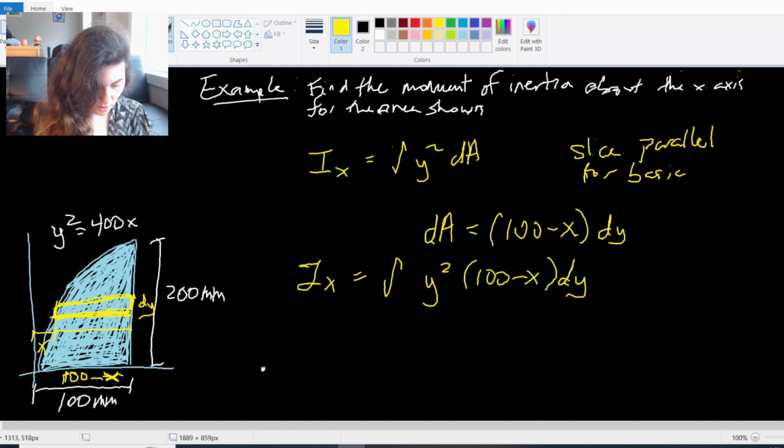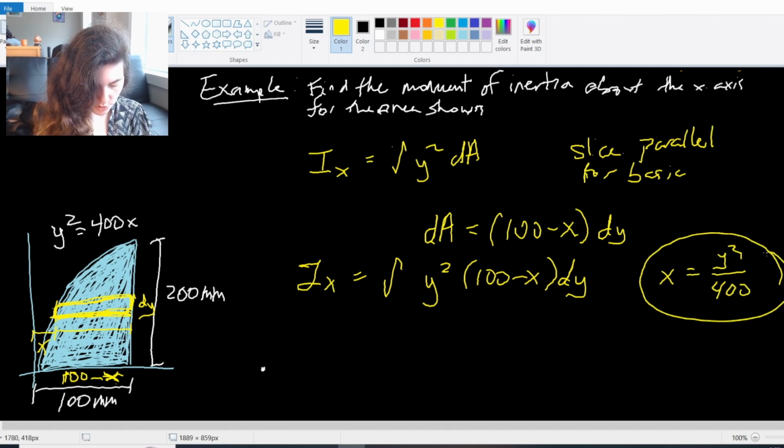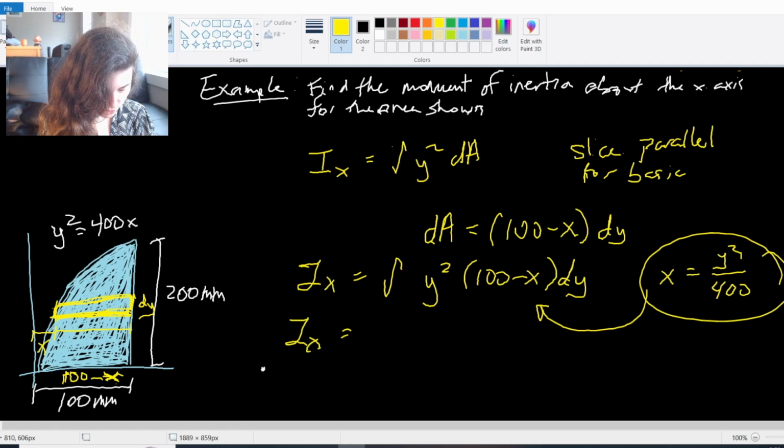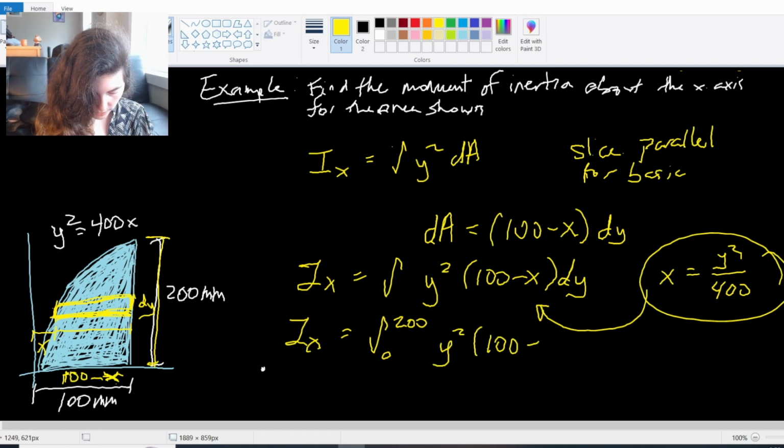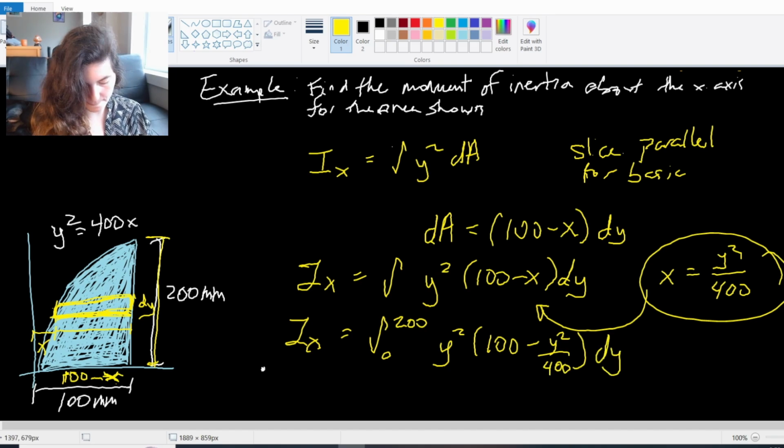So therefore, my x would equal y squared over 400. And I can substitute this right into there, and then I should be able to do my integration. So my integral is going to be over the total y length, right? So that's 0 to 200 of y squared times 100 minus y squared over 400 dy. So that's the full integral.